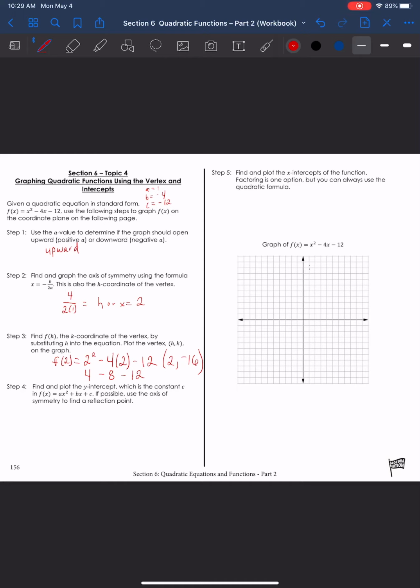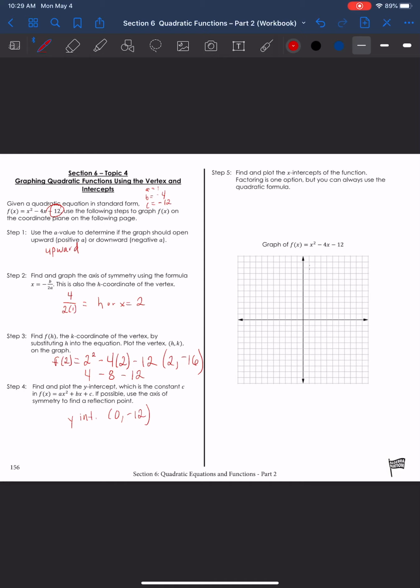If it's already in standard form, the constant here, or our c term, will be where it crosses the y-axis. So we can go ahead and say that our y-intercept is 0, -12.